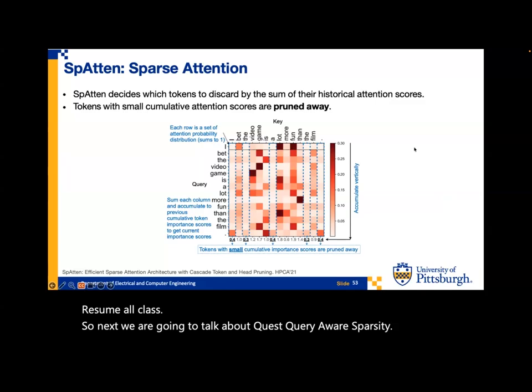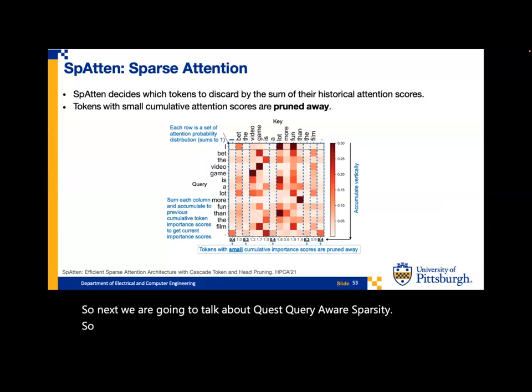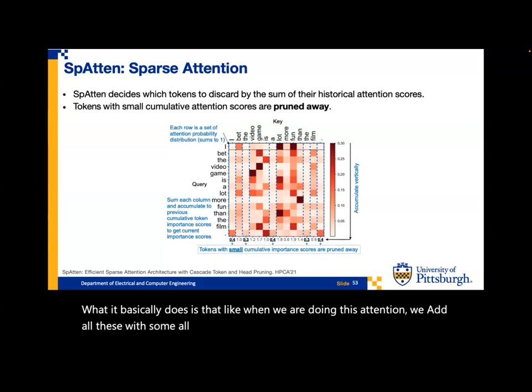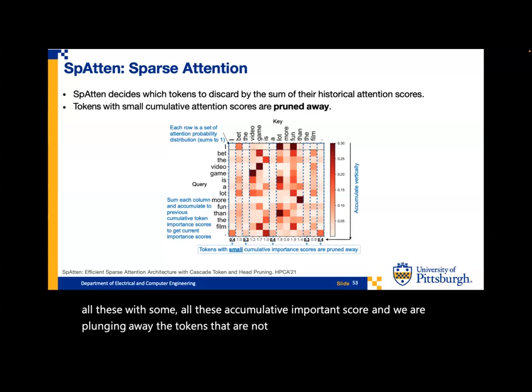If you still remember this sparse attention, we introduced it before. What it basically does is that when we are doing this attention, we sum all these cumulative importance scores, and we are pruning away the tokens that are not important, that have lower attention scores. That means people are not paying attention to them, so they are not important.